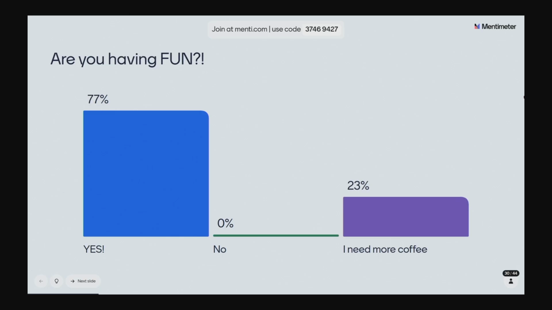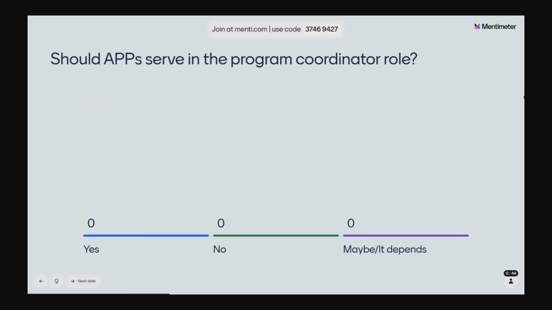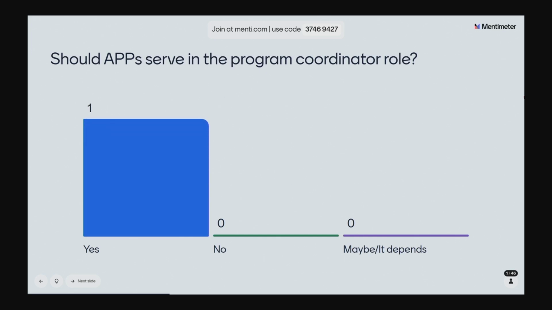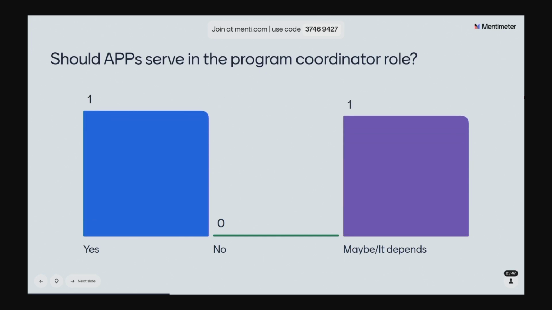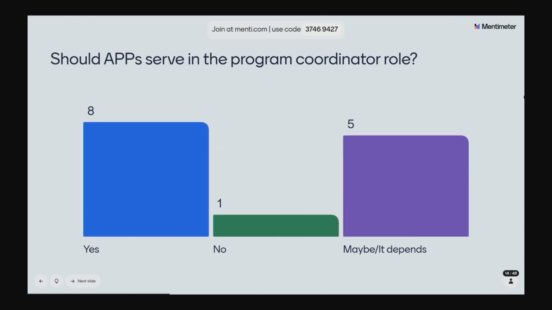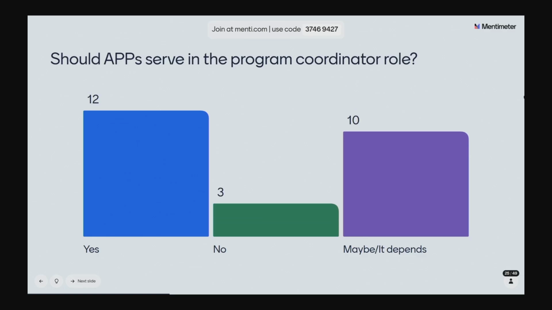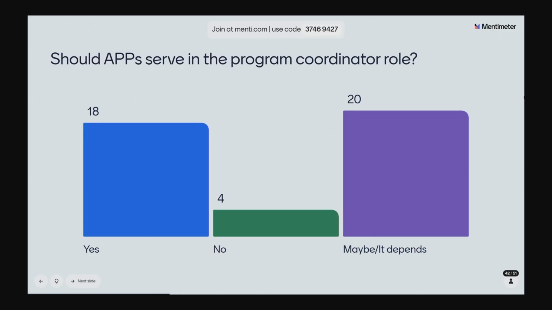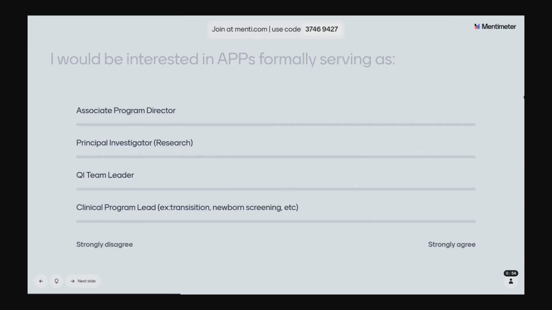Okay, can we have the next slide? Which says, in your opinion, should APPs serve in the program coordinator role? I'm just going to give you a minute on each of these. Awesome. Okay. Next slide, if you would.